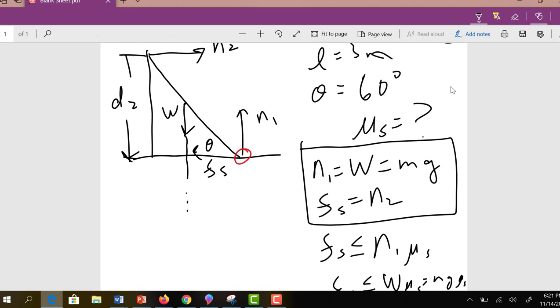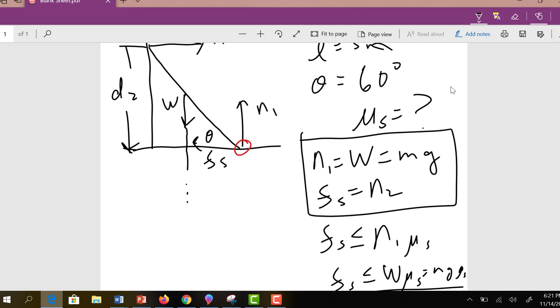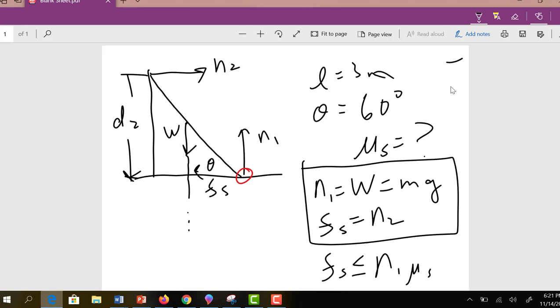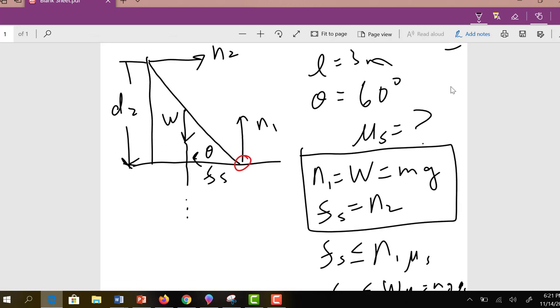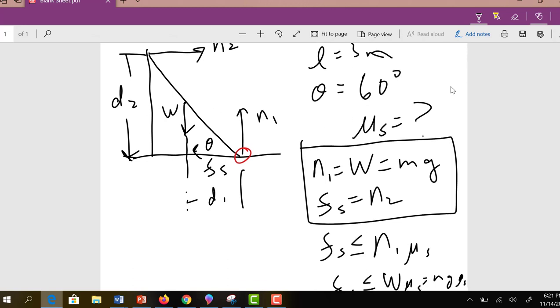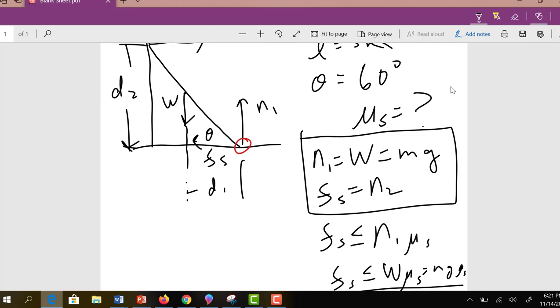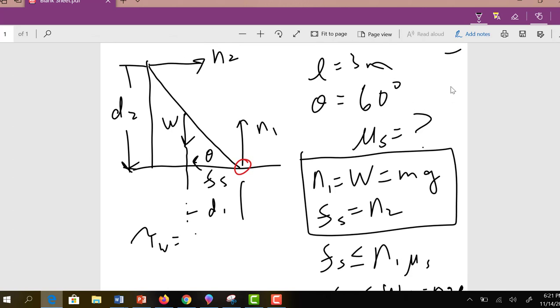So let's balance the torques about that point. I've got the weight force making it rotate counterclockwise at a distance of d1 from the axis of rotation. So you have a better picture, this was d1. Relative to that pivot point, the torque from the weight is equal to the torque from N2. The weight force would make it rotate counterclockwise.